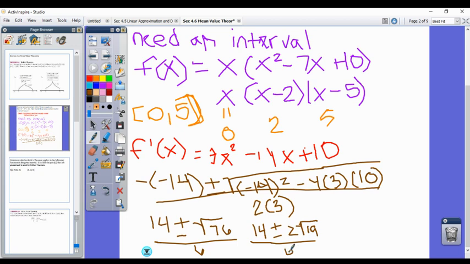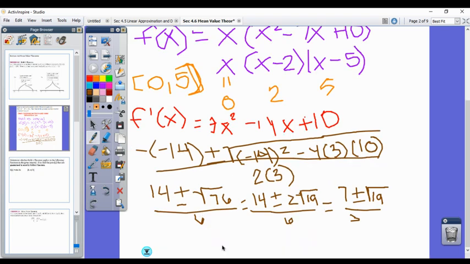And then since I have a 14, a 2, and a 6, those are all even numbers, and therefore I can divide by a factor of 2. So I end up with 7 plus or minus square root of 19, all divided by 3. And if you plug each of those into the calculator, you're going to end up with x is about 0.88 and 3.79.